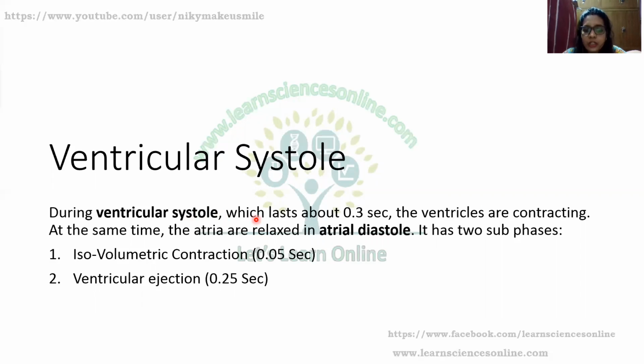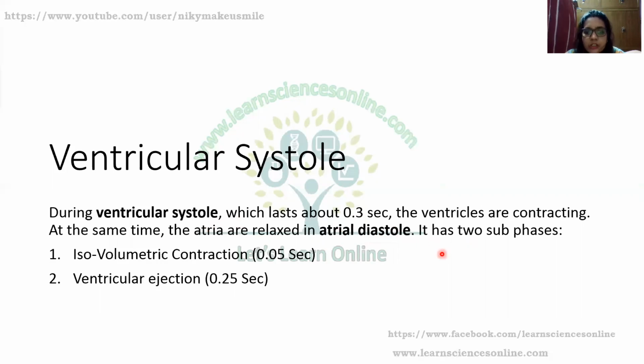Ventricular systole lasts about 0.3 seconds. So the ventricles are contracting, and at the same time the atria are relaxed in atrial diastole.